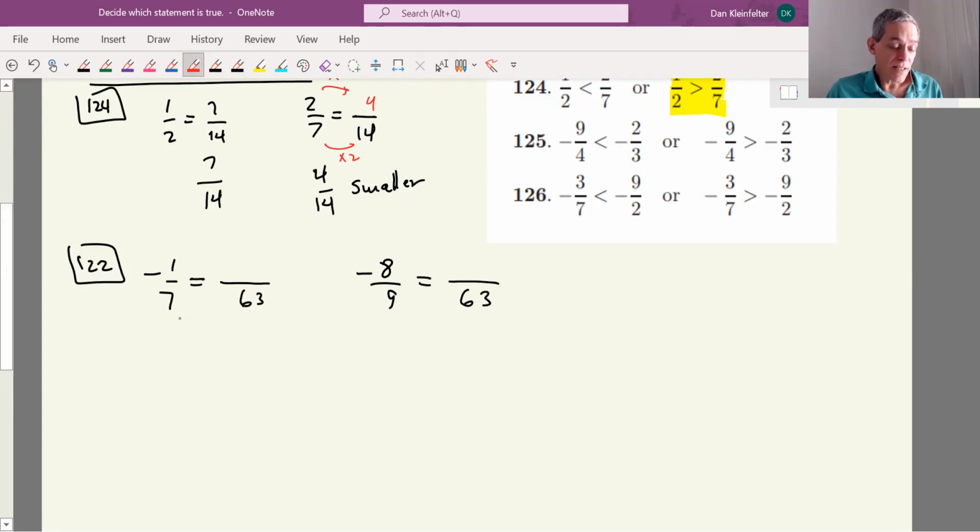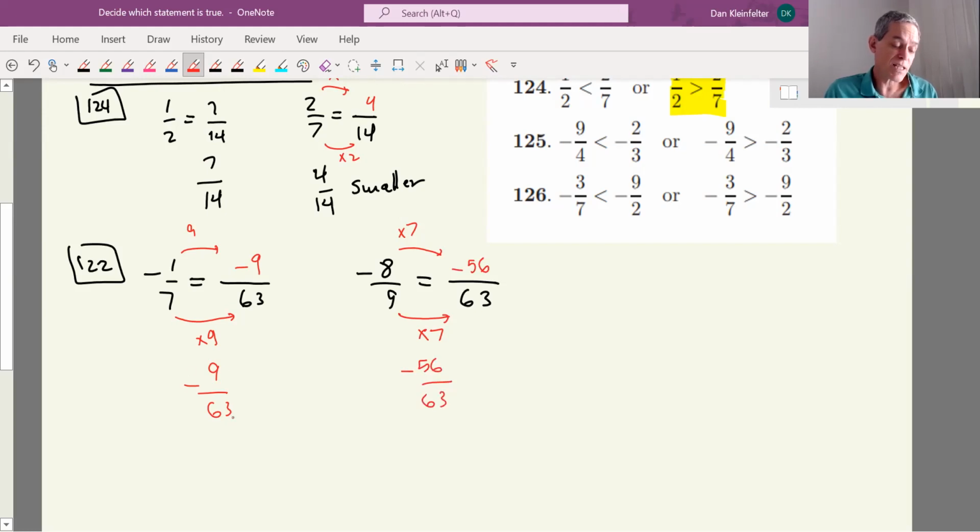And so 7 times 9, 63. And then -1 times 9 is going to be -9. Our first fraction, -9/63. That's the same as -1/7. 9 goes into 63 7 times. -8 times 7 is -56.